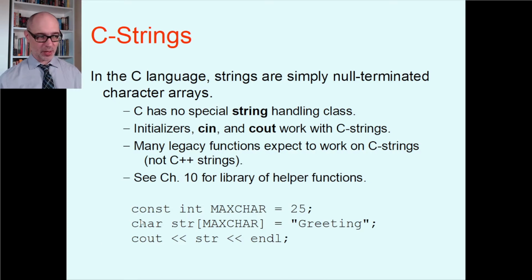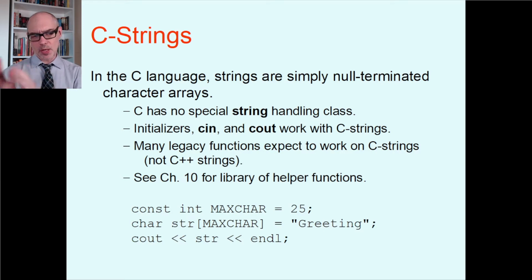And we don't have a string variable type. We're just making an array of type character, called it str for string, sized it to this maxchar, which is 25, and here we're using an initializer, setting it to this literal. So all those characters that you see in the quotes, that's actually what's in the character array to begin with, and that counts as a string.